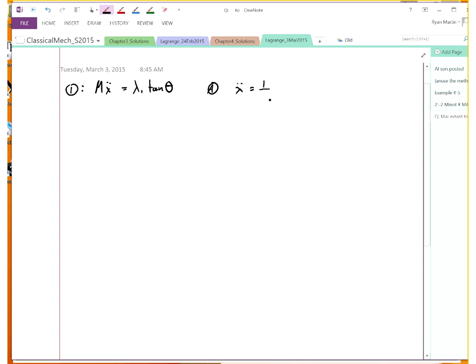And then equation A was that x double dot equals 1 over tan theta y double dot. Let me use that to get rid of x double dot. So then I have m, and instead of x double dot, I'm going to write that as 1 over tan theta y double dot. That's equal to lambda 1 tan theta.